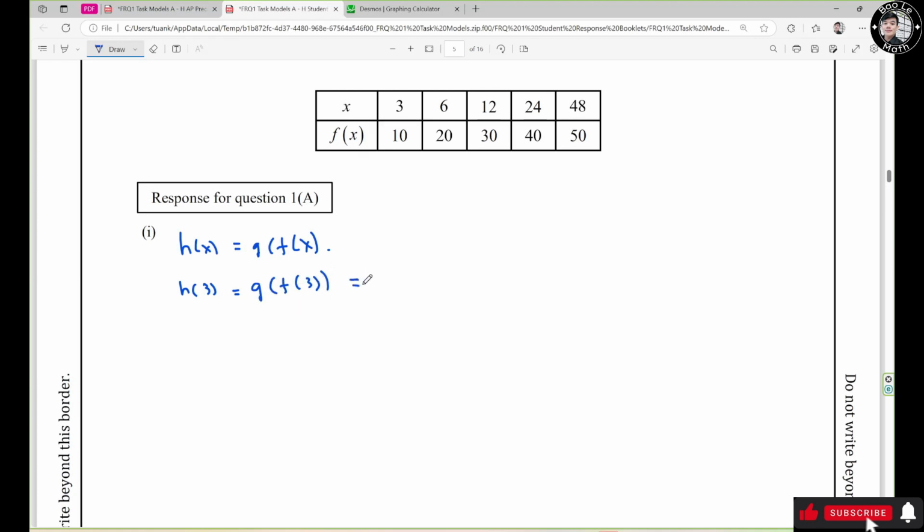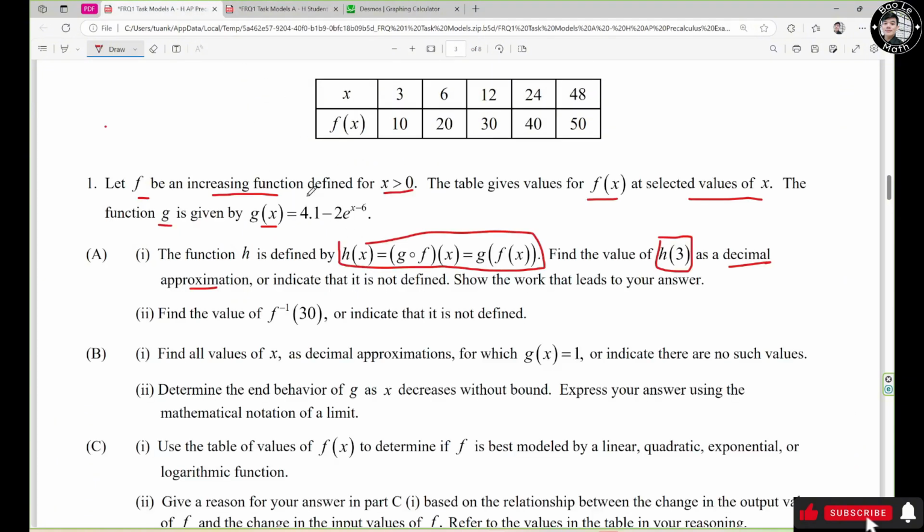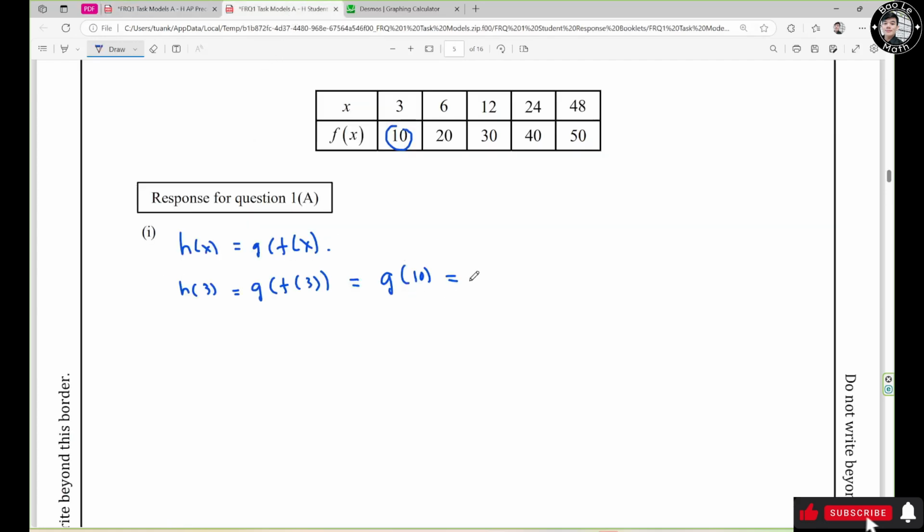And we need f(3). We look at the table right here. It's going to be 10. So you need to replace f(3) with 10, right? So we have g(10), right? Now we're going to look at the function right here. g(s) = 4.1 - 2e^(s-6), right?